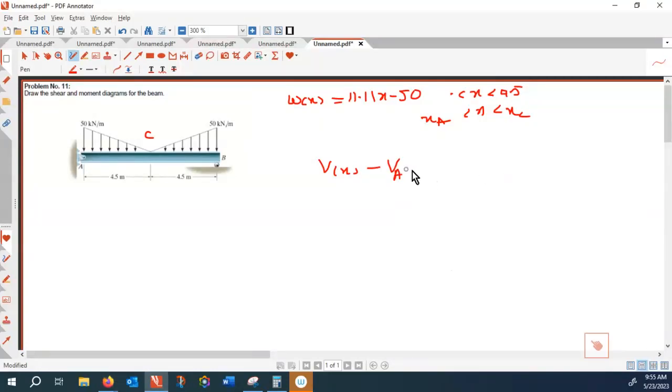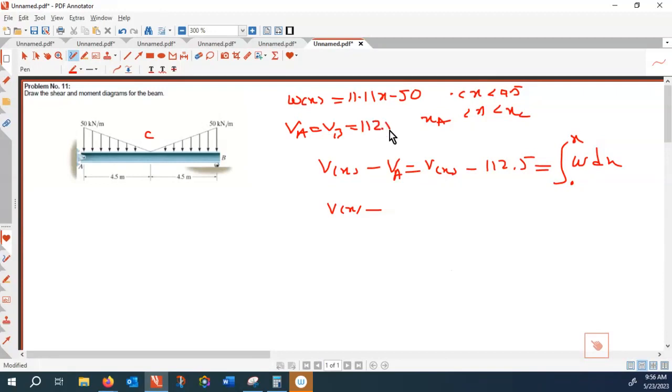So that is equal to the integral of w dx between 0 and x. So that is V of x minus V of A, and I know VA is equal to VB, which is 112.5 kilonewton.